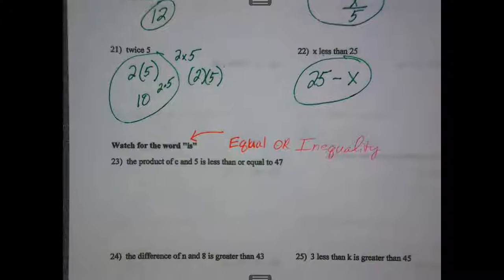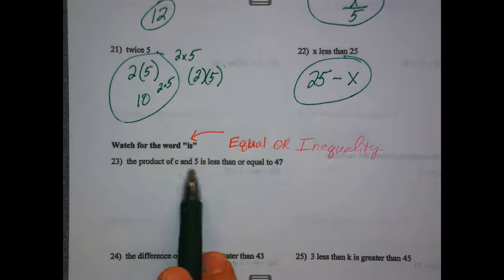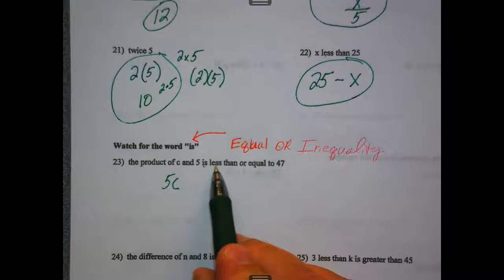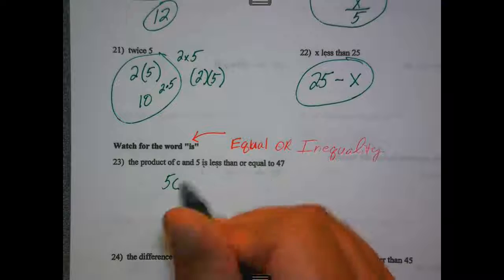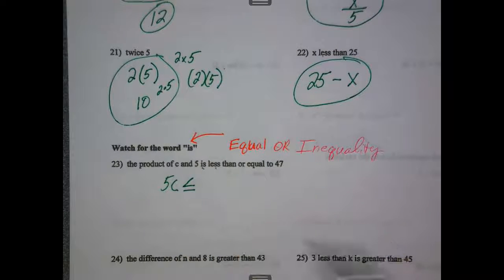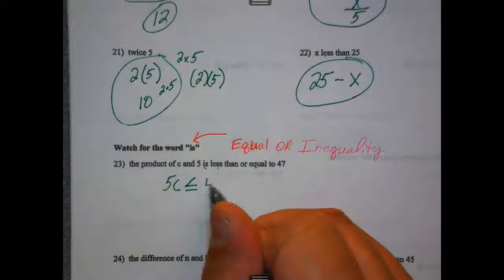So number 23, the product of C and 5, so here's 5C, is less than or equal to. So this is going to be less than or equal to because of the word is. 47.